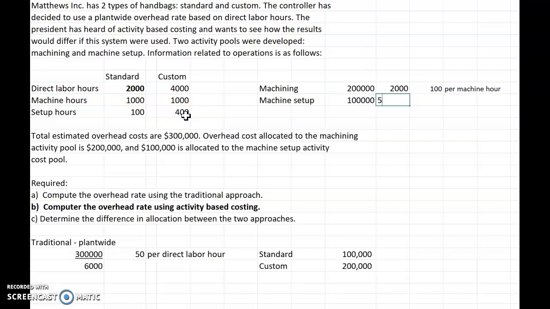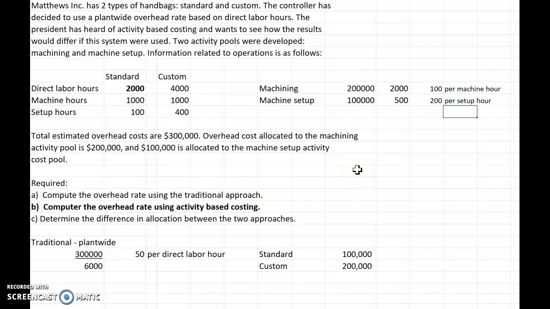Our total setup hours are going to be 500. So when we divide the total estimated cost pool for machine setup by the allocation base of setup hours, we get $200 per setup hour. And so that's what we're going to use to allocate the overhead using activity-based costing.